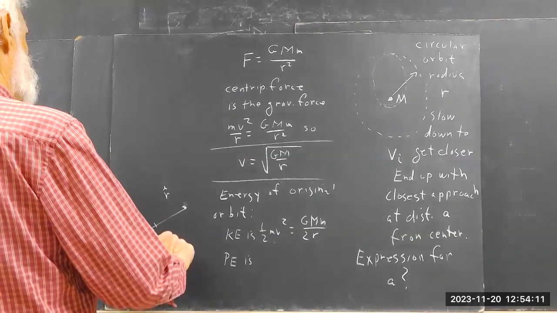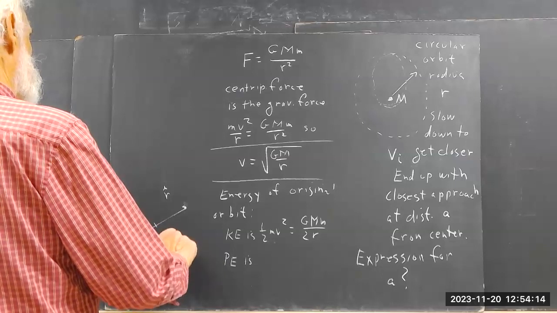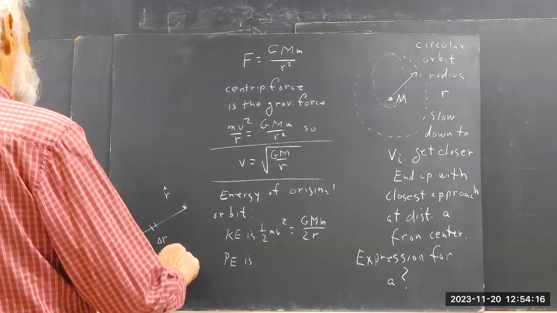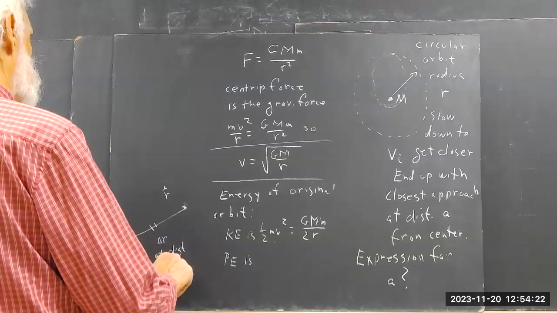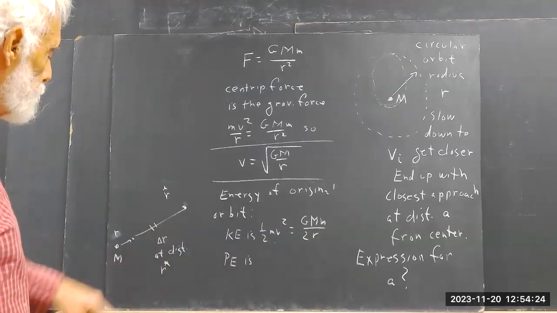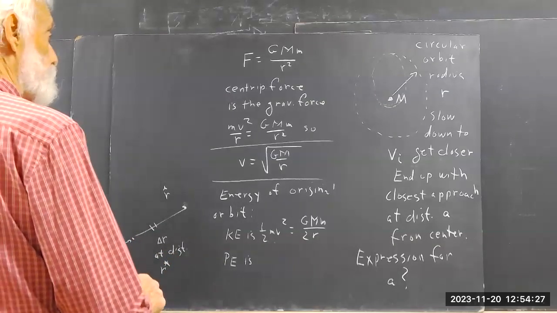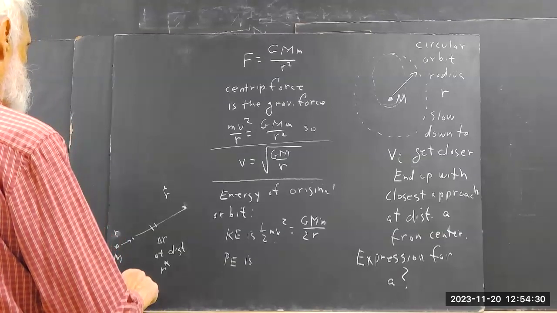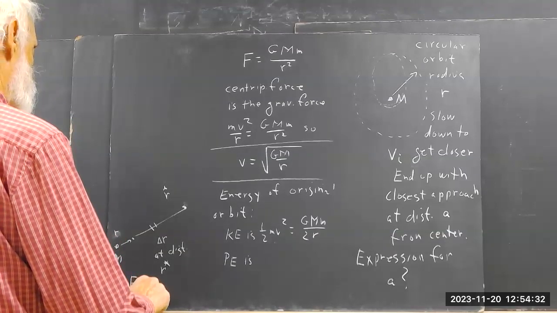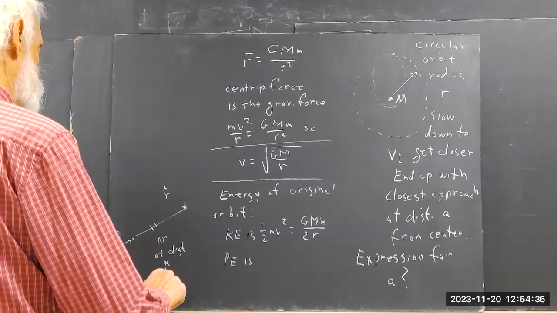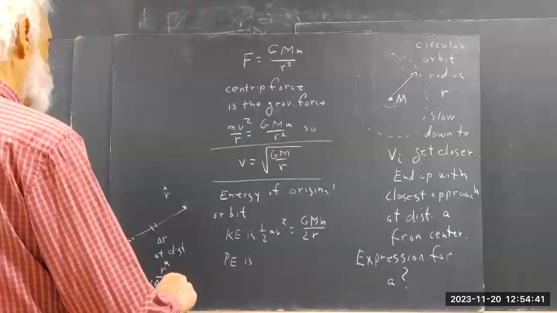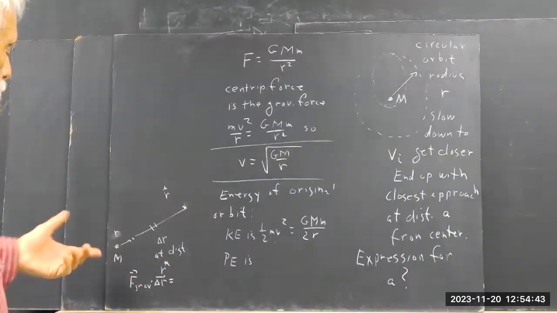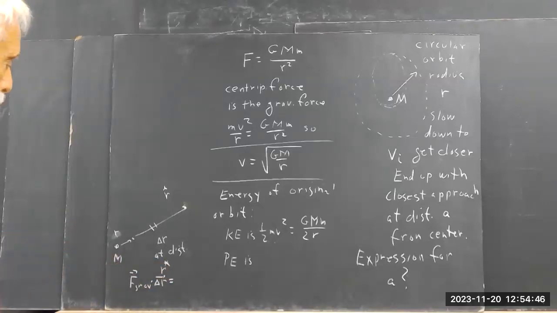Take a little increment, delta r, at distance r star. Gravitational force dotted with delta r. Well, this is a radial path, so it's just the product of the gravitational force with delta r.